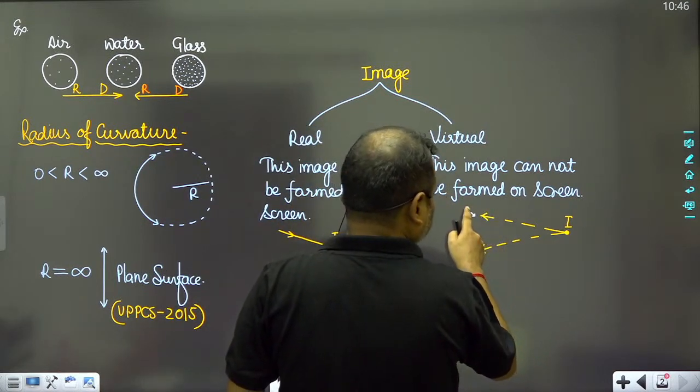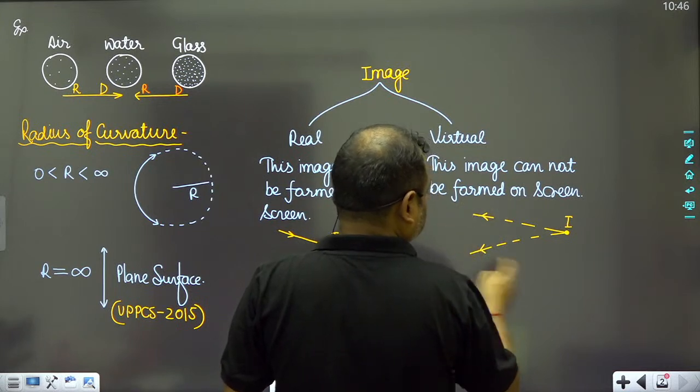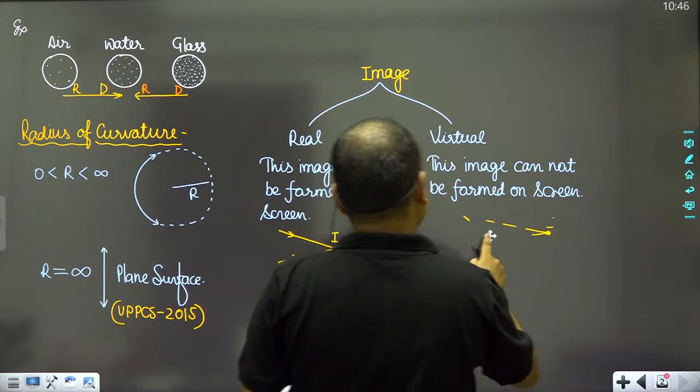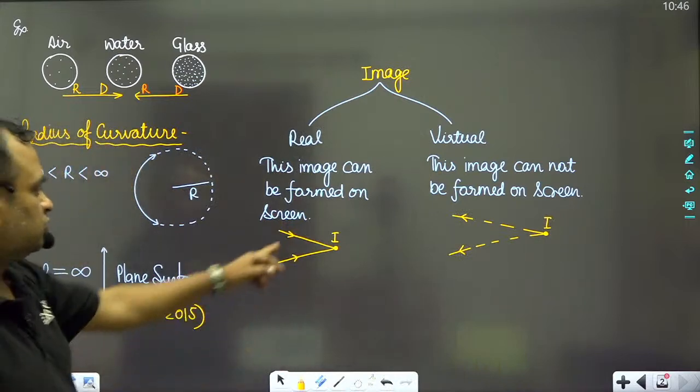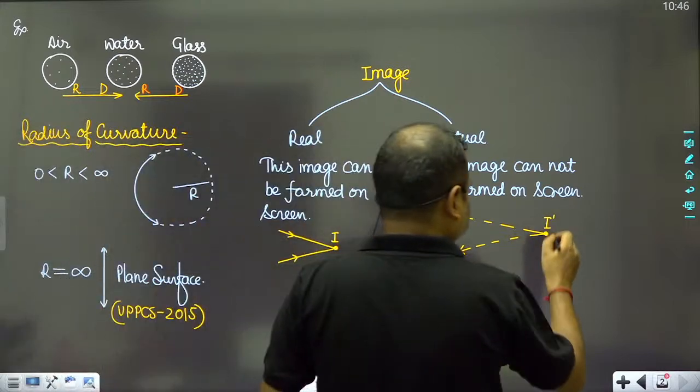Now you can see that this is a real image and this is a virtual image actually.